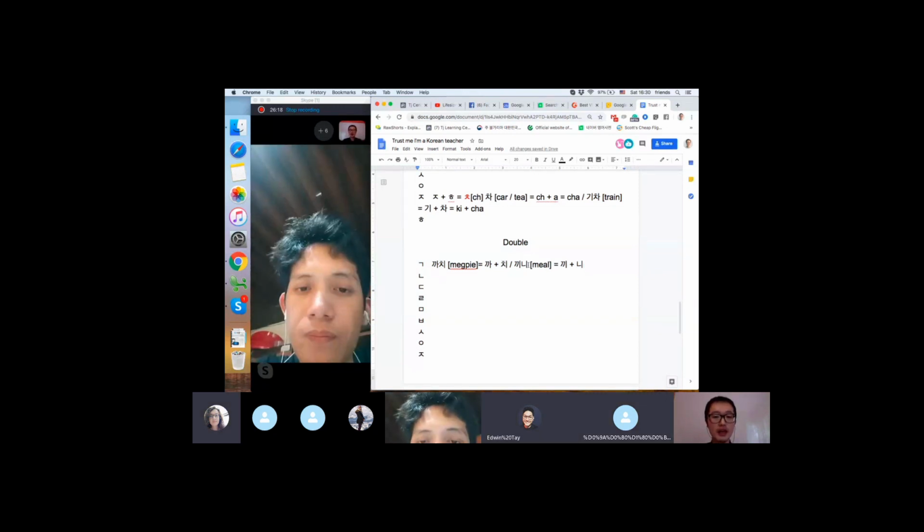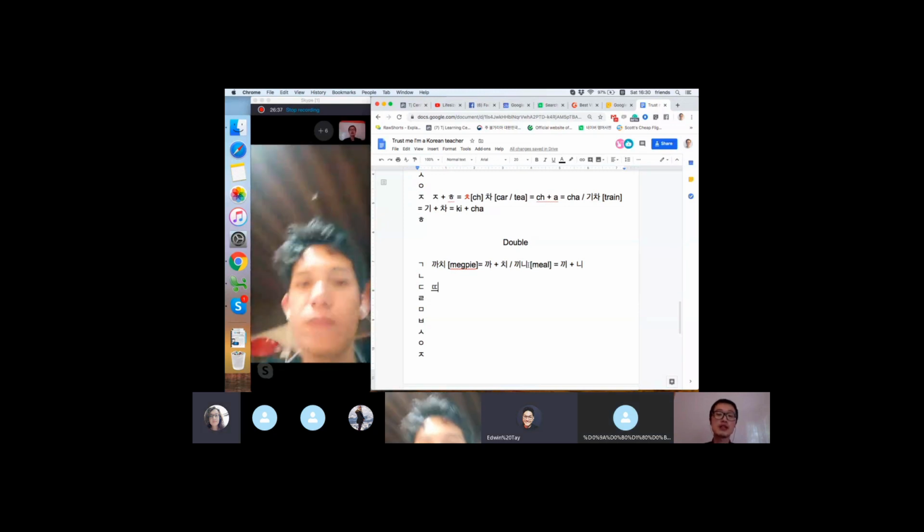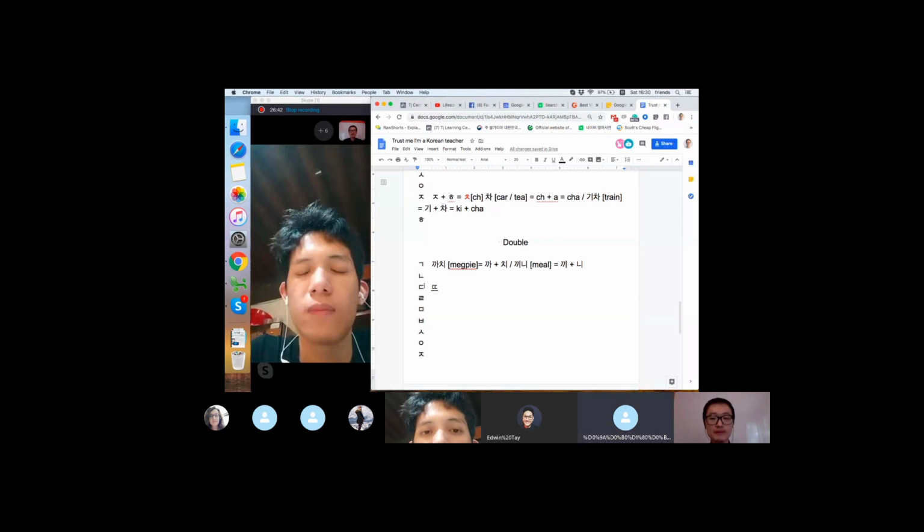Okay. And now let's go to the next one. And nyan doesn't have a double consonant. Ticket has. And it looks like this, of course. We have to write it 2 times. The sound is the same logic.